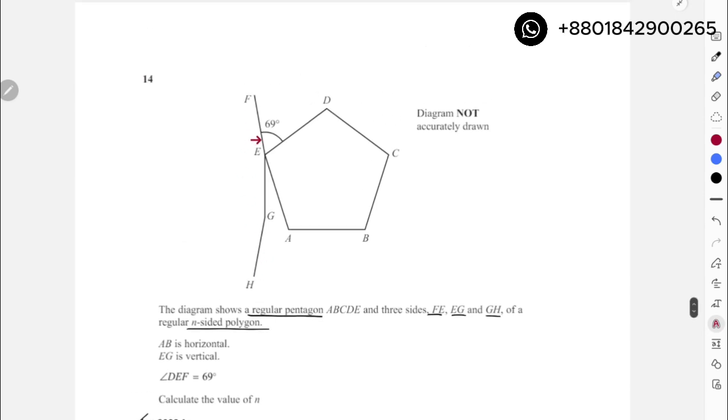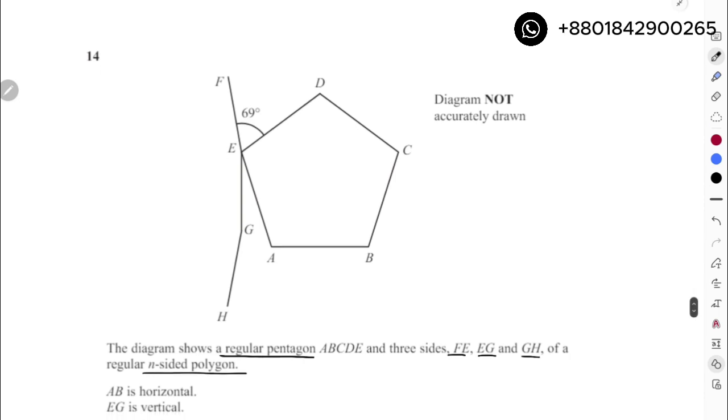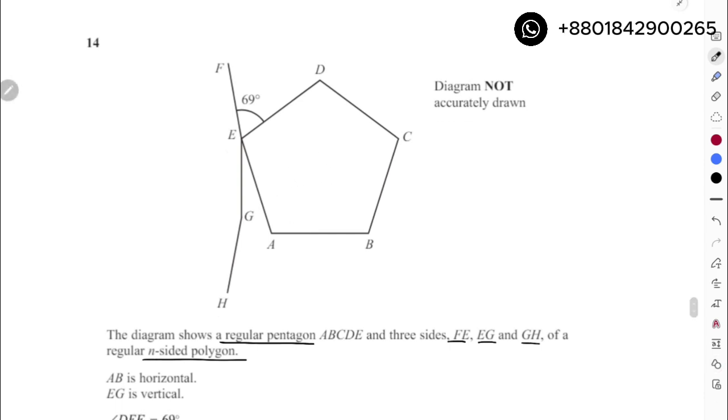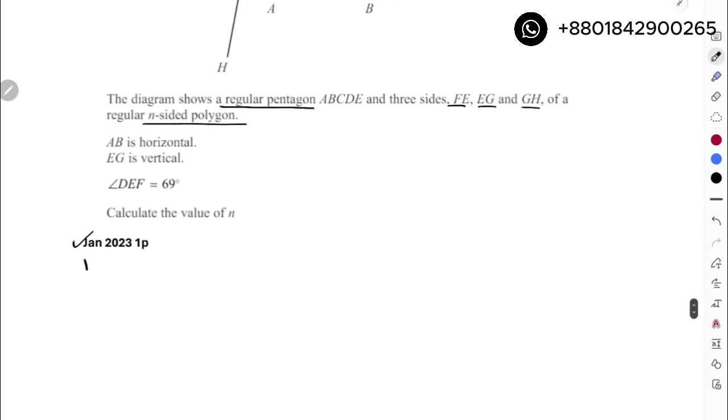For that, if I can only find the value of this interior angle, that will be enough for me. So one thing to understand, I'll first try to find the interior angle of this pentagon. For that pentagon, the interior angle is easy, right? So we're going to start with the pentagon.